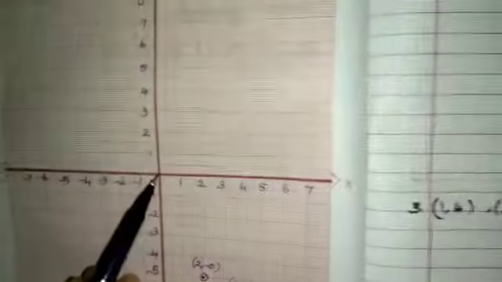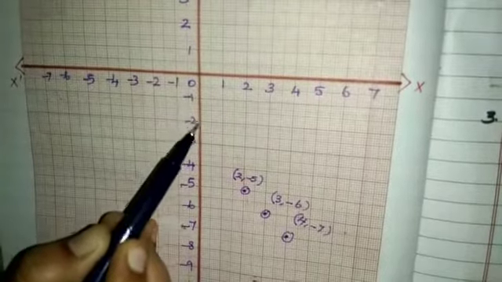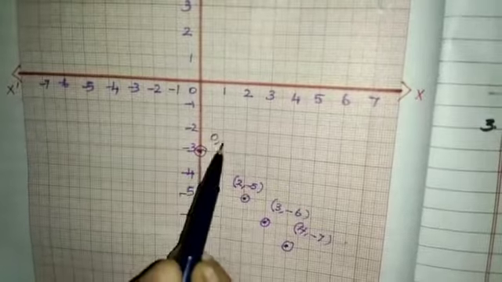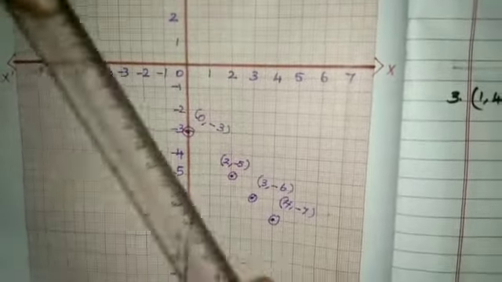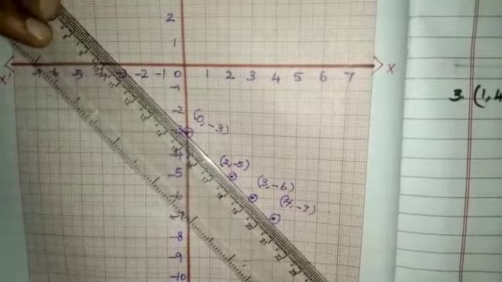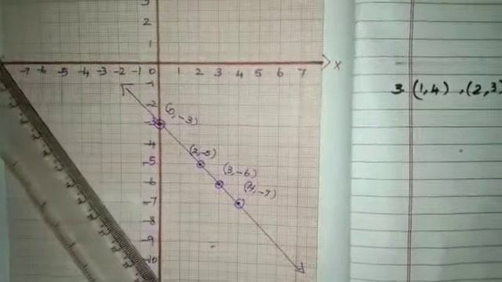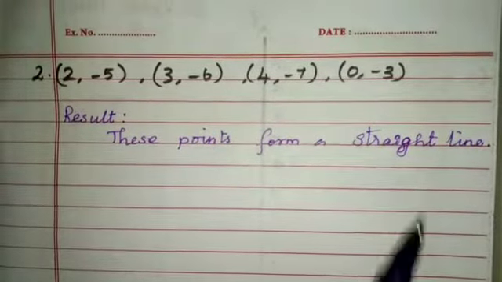The next point is (0, -3). Here 0 is the origin, -3 is below the line. 1, 2, 3. This point is known as (0, -3). Now join these points. We get a straight line. Result: these points form a straight line.